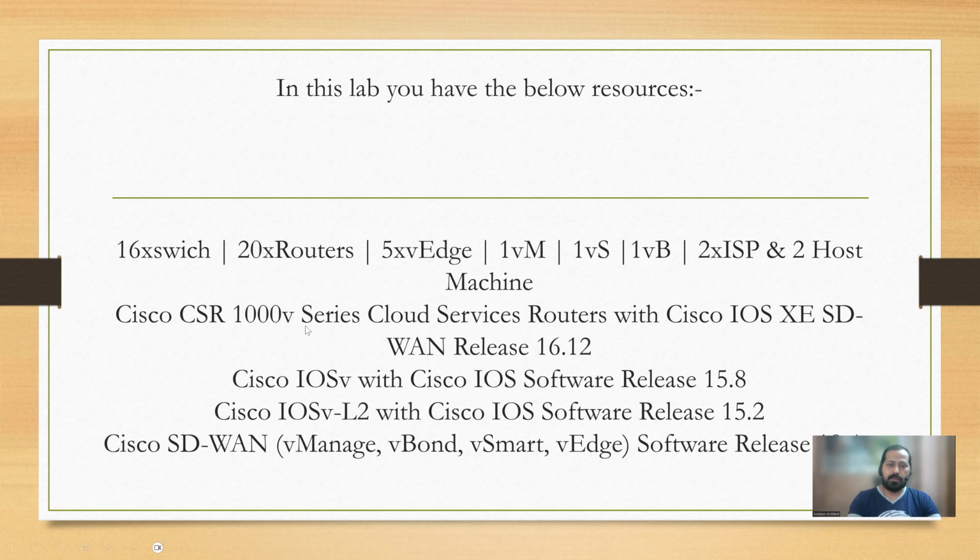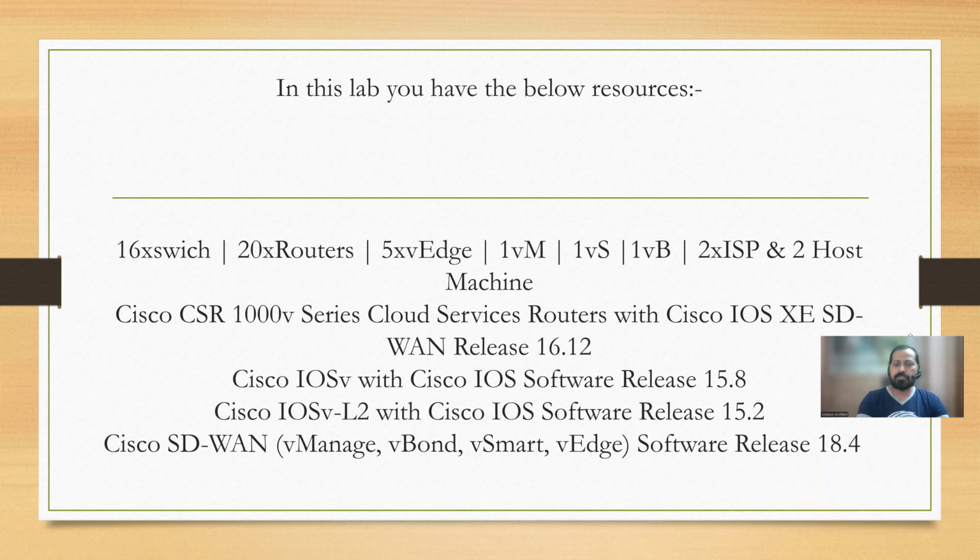You can see the version and the supported images. This is an exact match to what we have in the exam as well. For example, for SD-WAN, you need to work on vEdges and the vManage. Release is 18.4. That's the same release we have in the exam as well. So this will be a very similar lab setup to what you have in your CCIE exam for practice purposes.